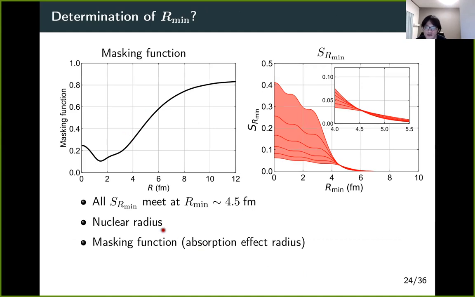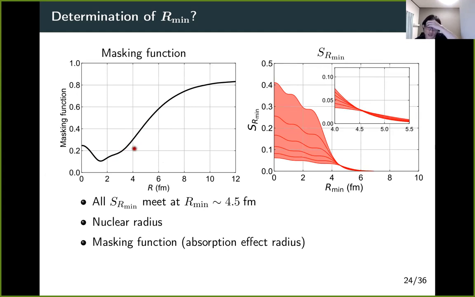Okay, and this 4.5 is actually very close to the point where the masking function of this reaction hits about 50%. You see that it's smooth, and it's not like the Heaviside function, so it's not clearly defined.